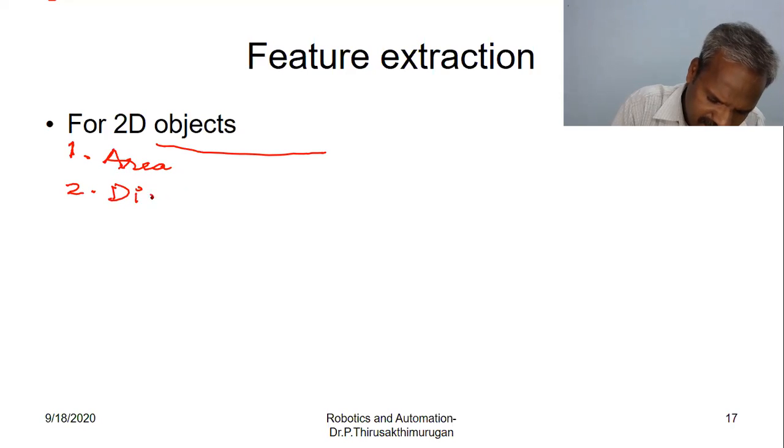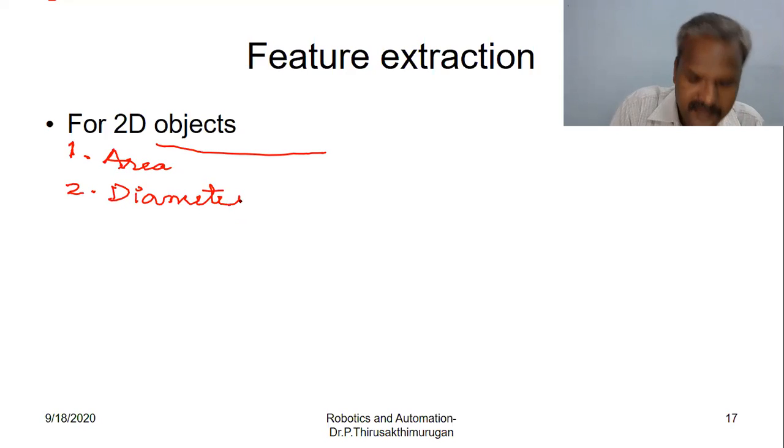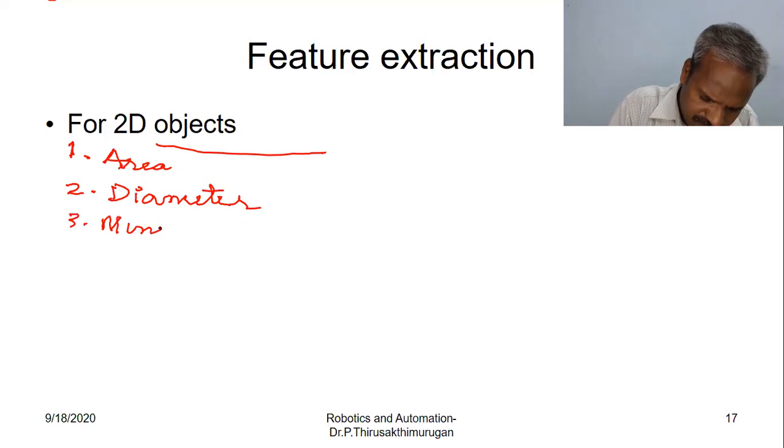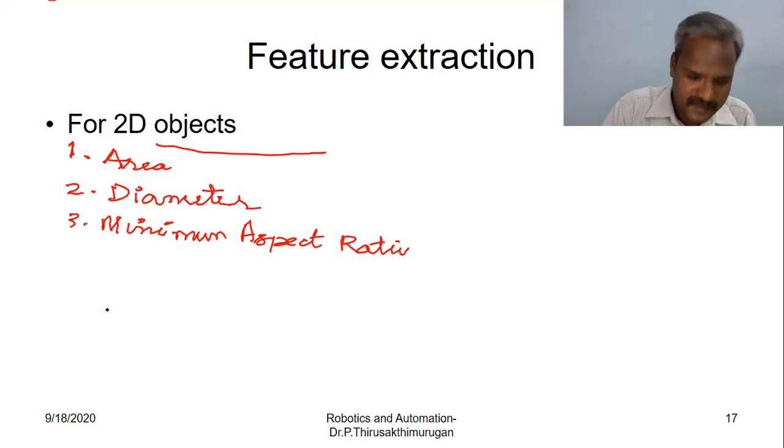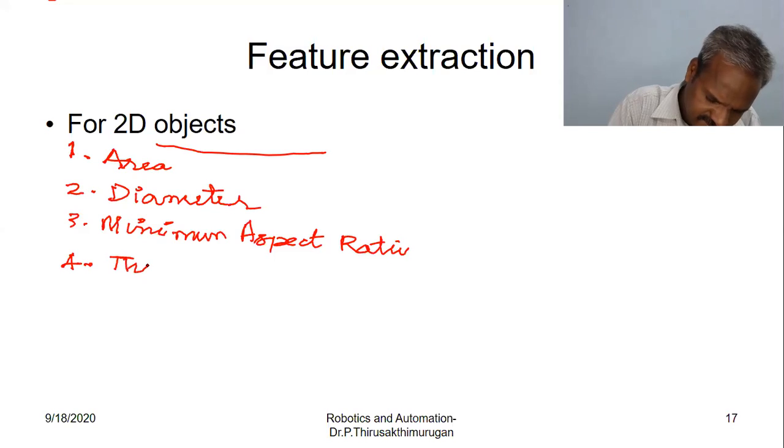These are all the parameters useful for extracting features of the image. Then minimum aspect ratio, thinness, compactness.